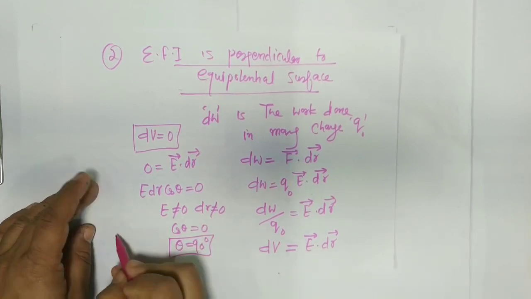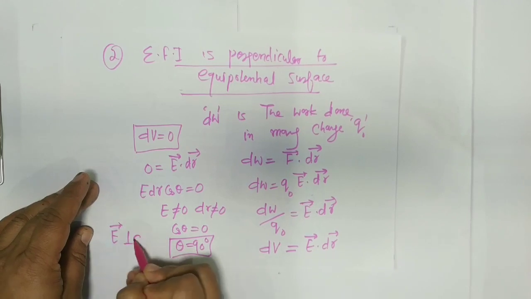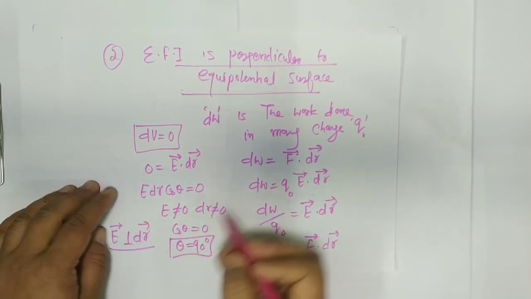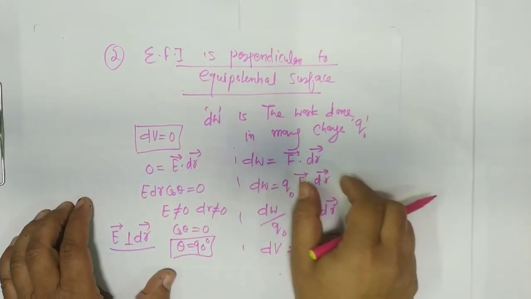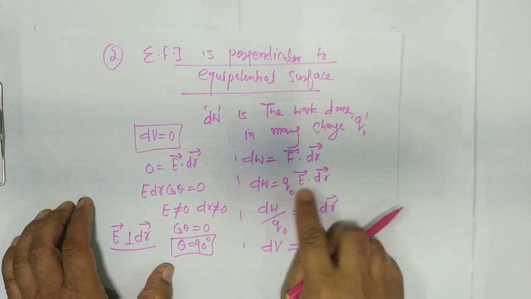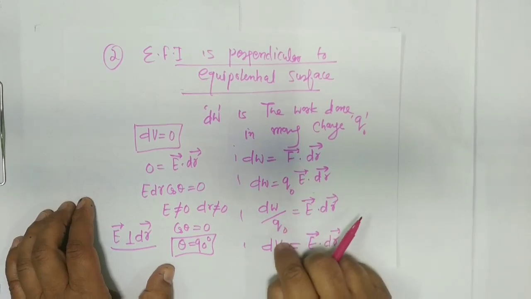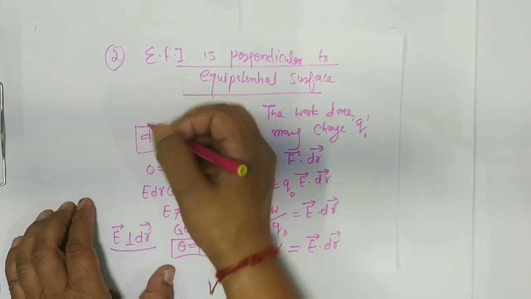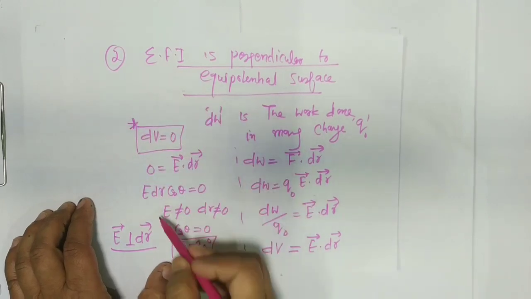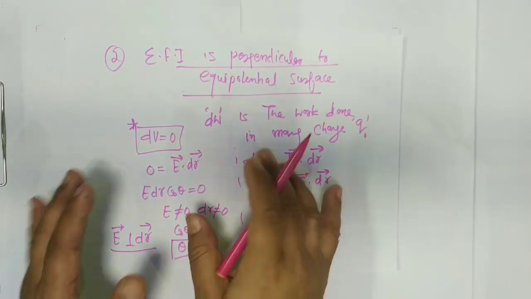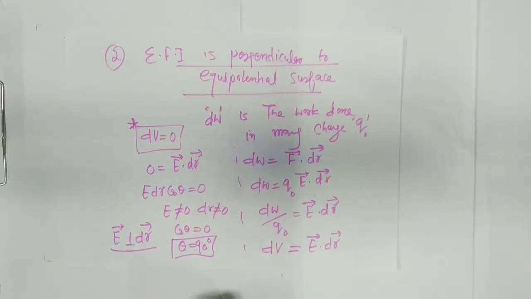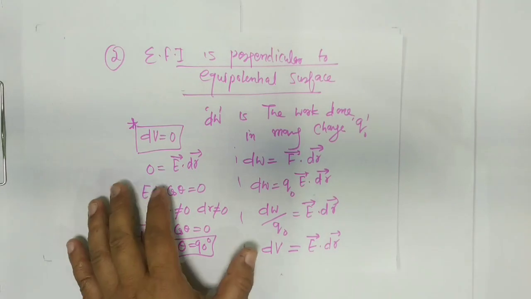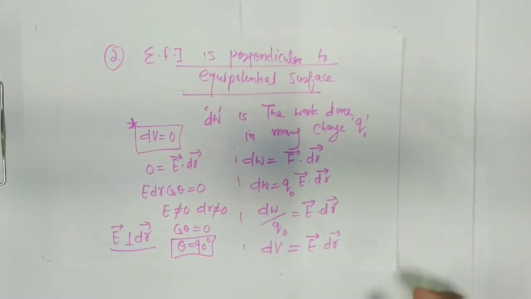So this is a general concept that E is perpendicular to dr. So can we prove it? Yes. On any surface, dW is F dot dr, F is Q naught E, dW by Q naught is the change in potential, and the change in potential is 0. So on any equipotential surface, electric field lines are perpendicular to the surface. These two concepts are very important for equipotential surfaces.